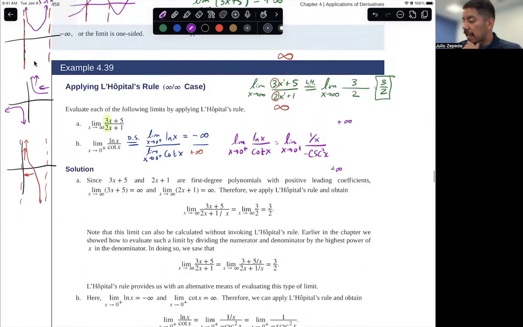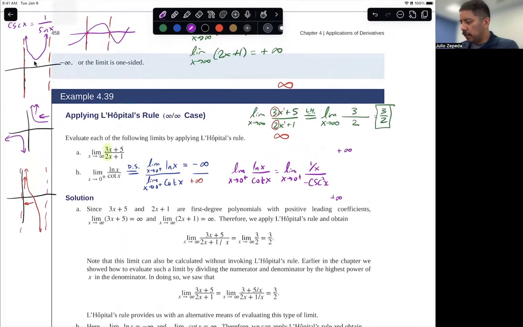Recognizing that 1 over x can be written by moving this x to the denominator, and the cosecant function is 1 over sine, let's rewrite this as the limit as x approaches 0 from the right of negative sine squared x over x.